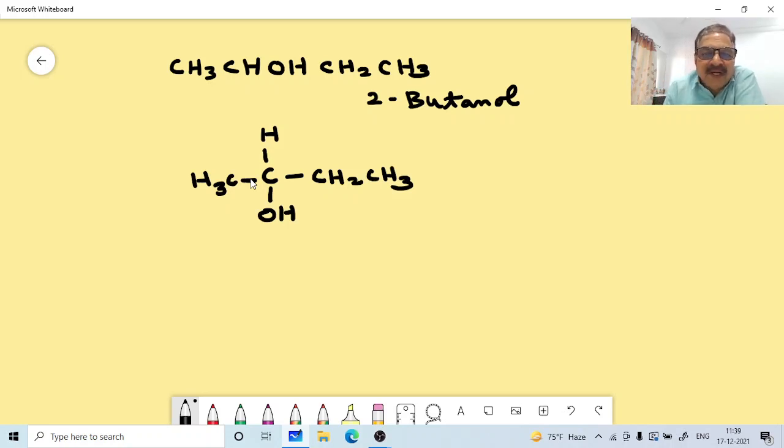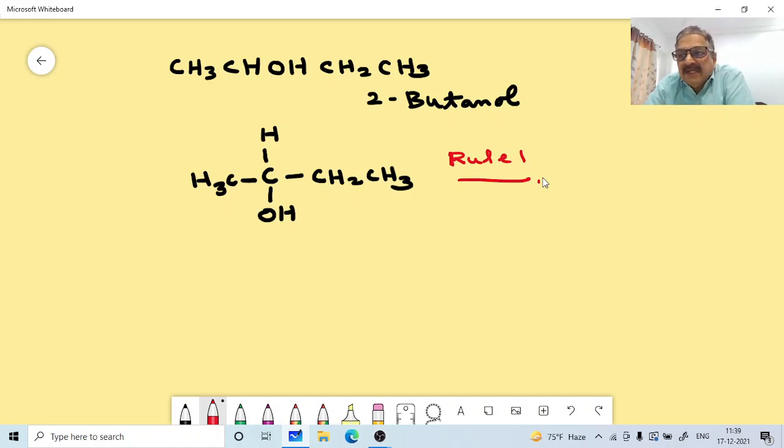Now apply rule 1. Rule 1 is based on the atomic number. In this case, this carbon is bonded to one hydrogen atom, one methyl group, one OH group, and one CH2CH3 group. Here oxygen has the highest atomic number.